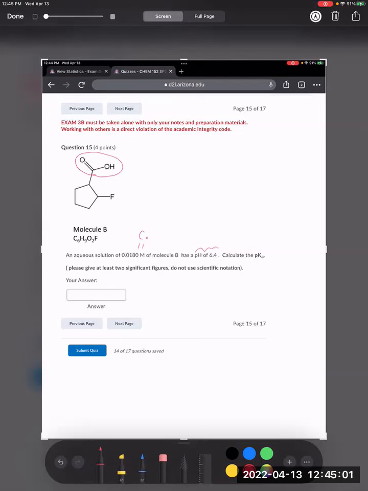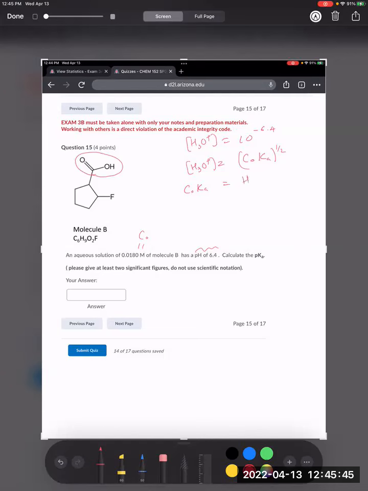So we know that H3O plus concentration is 10 to the power of minus pH, so it should be 10 to the power of minus 6.4. We also know that H3O plus concentration for a weak acid is the square root of C naught times Ka. Now we can rearrange the equation: if you square both sides, I'm going to get rid of the square root on the right hand side.